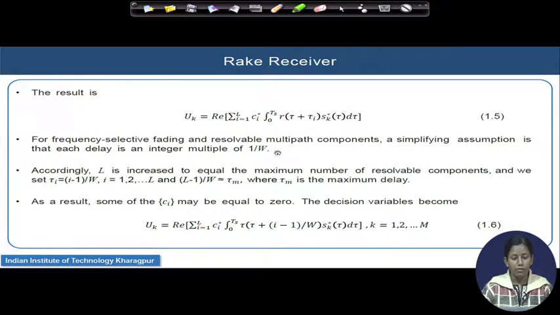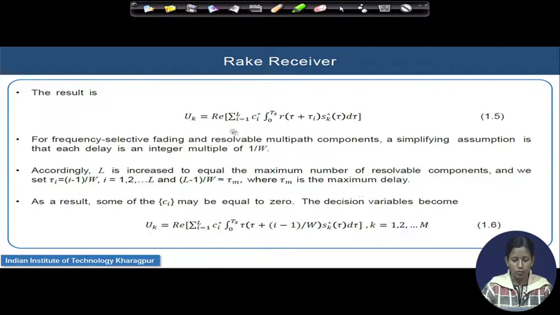And for frequency selective fading and resolvable multipath components, the simplifying assumption is that each delay is an integer multiple of 1 by W, that is the matched filter and filtering duration. Accordingly, L is increased to equal the maximum number of resolvable components in our discussion.